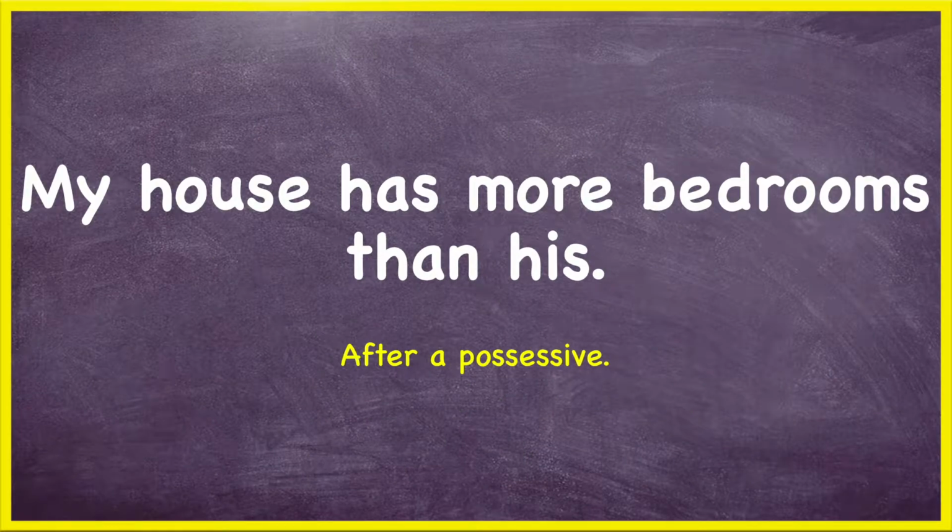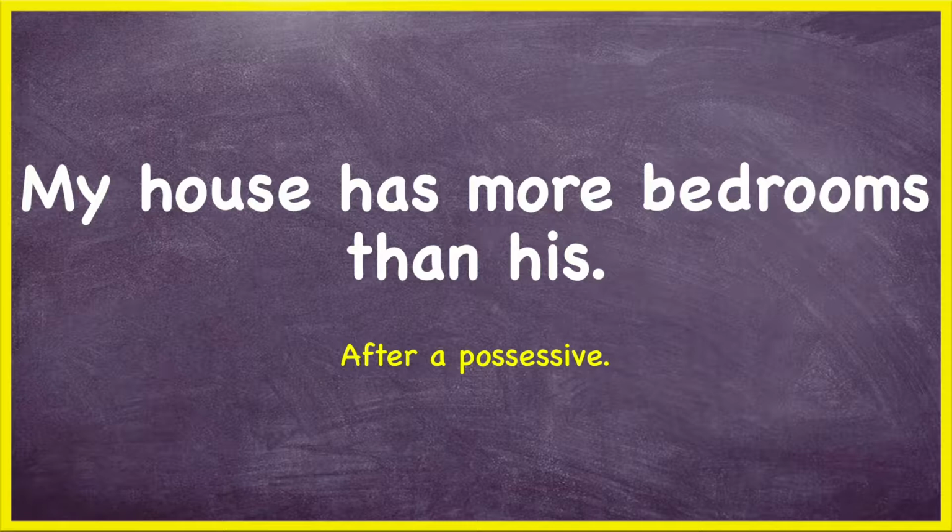So, first one, after a possessive. My house has more bedrooms than his. So here we're obviously talking about his house, right? So you don't have to say my house has more bedrooms than his house.